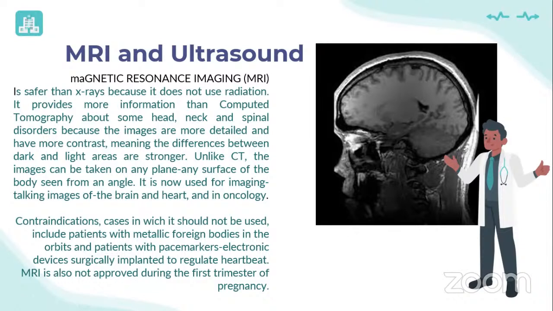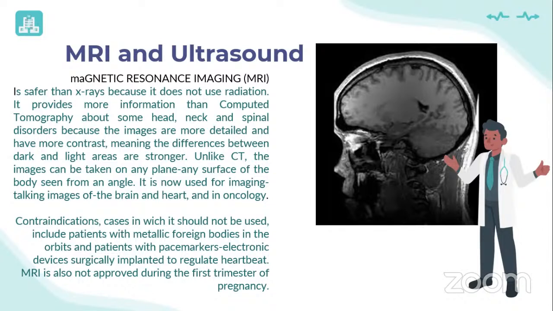MRI and ultrasound. Magnetic resonance imaging, MRI, is safer than X-ray because it doesn't use radiation. It provides more information than computed tomography about some head, neck, and spinal disorders because the images are more detailed and have more contrast, meaning the differences between dark and light areas are stronger. Unlike CT, the images can be taken on any plane, any surface of the body seen from an angle.